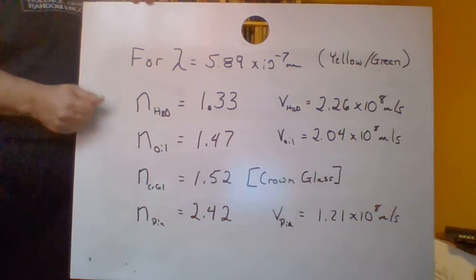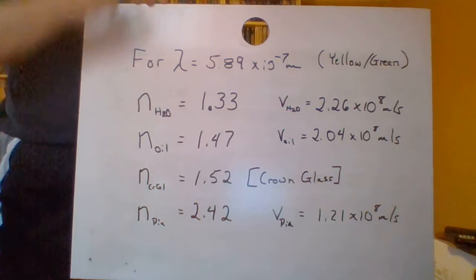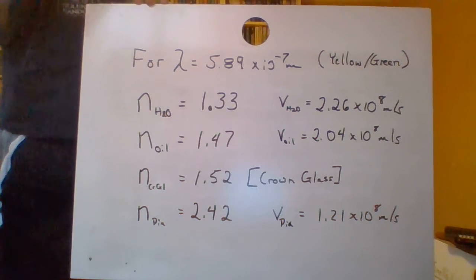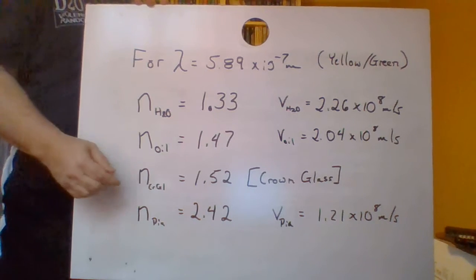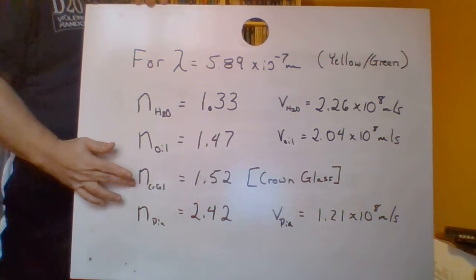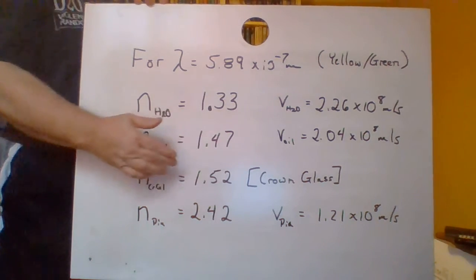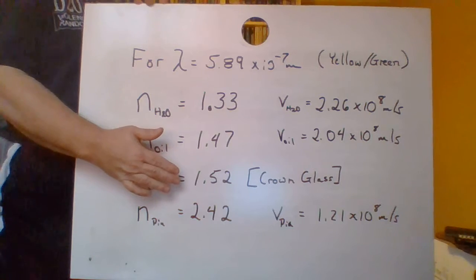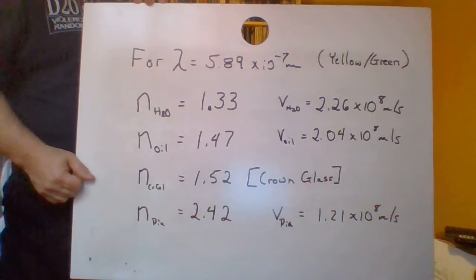Flint glass is a very cheap and quick, easy way to make glass, and it actually slows down light more. Look at the reference table and you see that flint glass, instead of being 1.52, is 1.66. So crown glass slows down light almost 1.5 times.